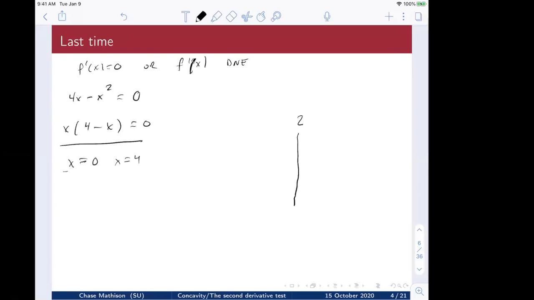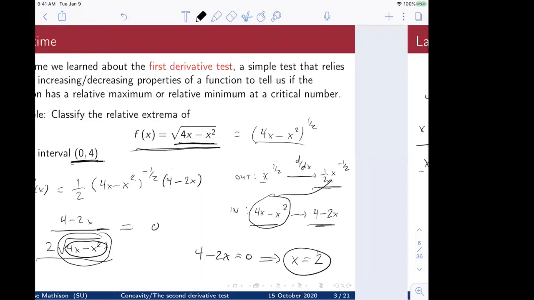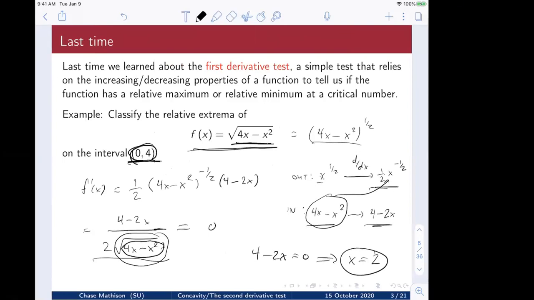Anything else? 0 and 4, since they're the endpoints of the interval. Perfect. We're doing this between 0 and 4, because those are the endpoints of the interval that we're considering this function on.